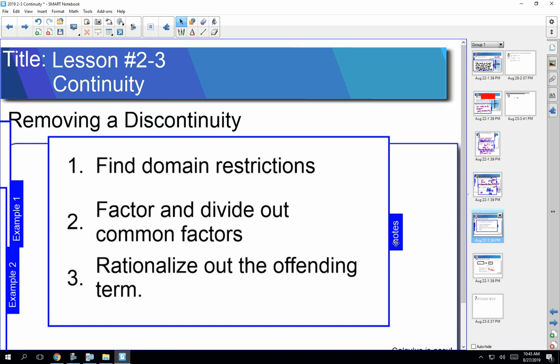We say find domain restrictions because if you look at what makes the bottom undefined, and that's not even within the domain that we care about, then you don't need to worry about it.